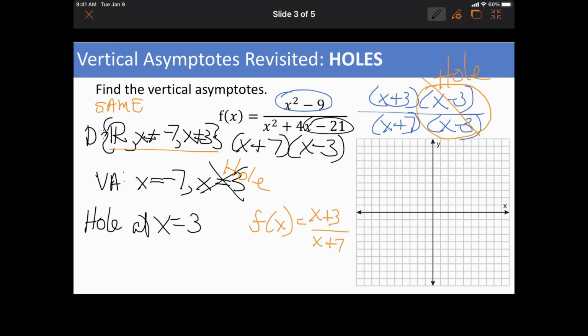So if we're looking at the degree, right, of the numerator and denominator, the n, which is 2, and the m, which is 2, they are equal. So when they are equal, then it's the a and b, the coefficients, which is 1. So it's a horizontal asymptote at y equals 1. Okay.